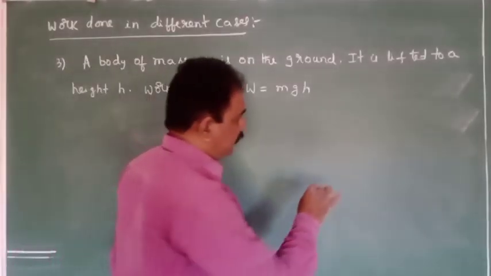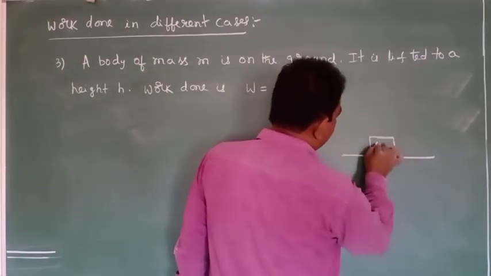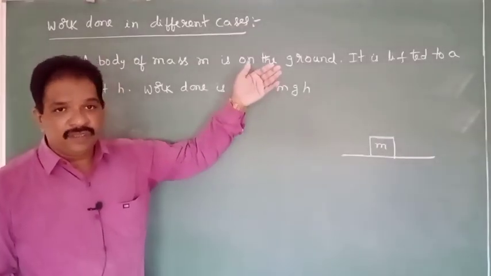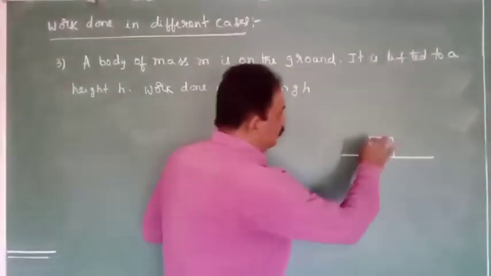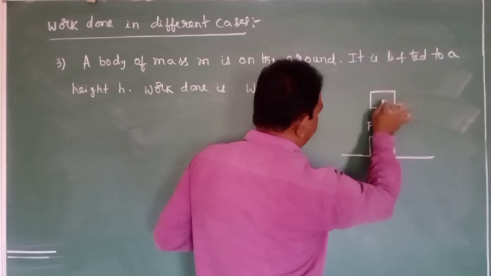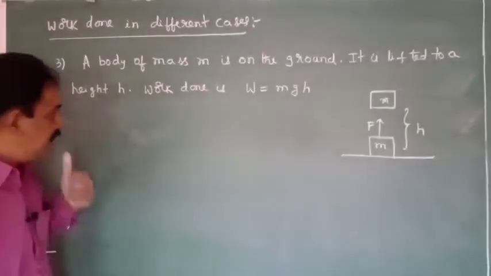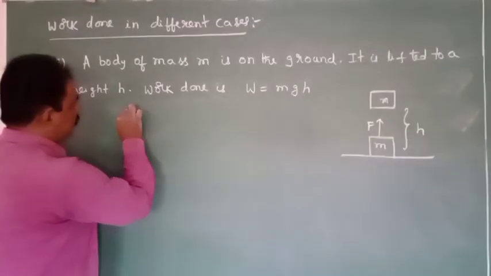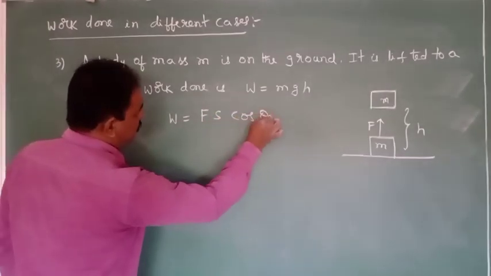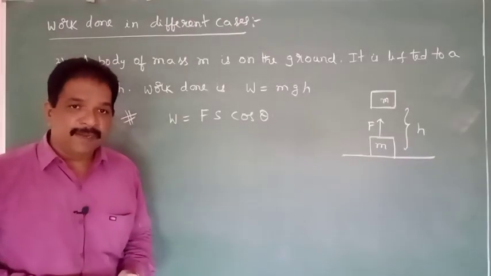How did this formula come? See, here is the ground, here the body is there. I am lifting the body to a height h by applying some force. So what is the basic formula here? W = Fs cos theta, we know. Here how much force do we have to apply?